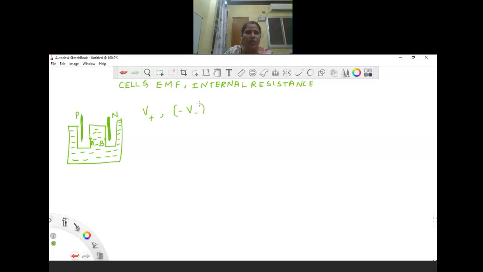When no current is drawn from the cell, the potential difference between P and N is V plus minus V minus. This can be written as V plus plus V minus, and this is known as the EMF.